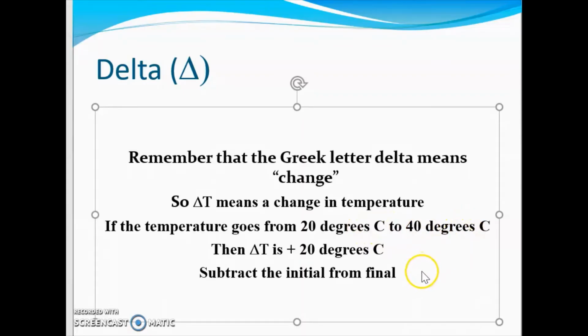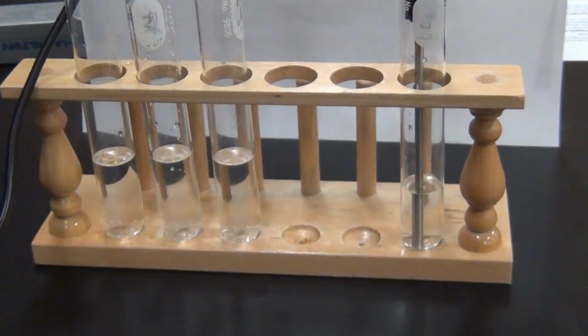Then I do 40 minus 20, final minus initial, and I get that the change in temperature is 20 degrees. That does mean sometimes we can get a negative delta value. What happens if I have a negative delta value?